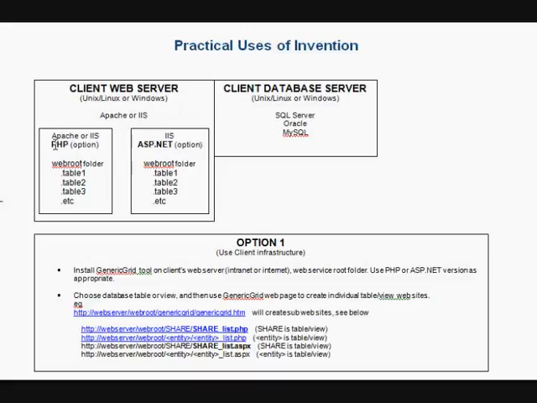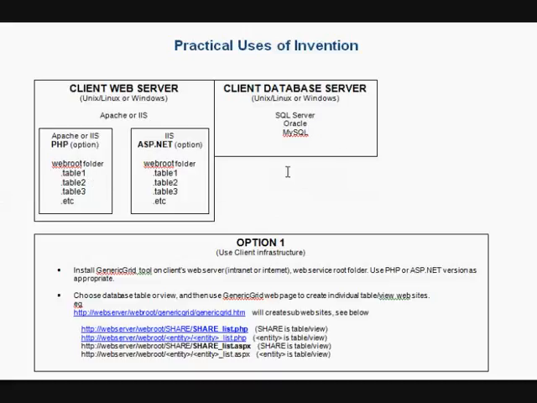As you can see, you can run the PHP version under Apache or IIS, and the ASP.NET version currently works under IIS. And of course, this client web server will be connected to the client database server. So this is option 1.